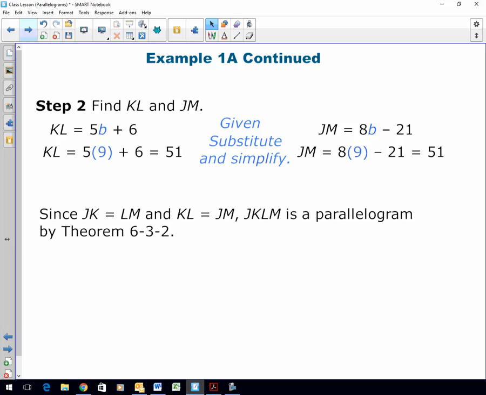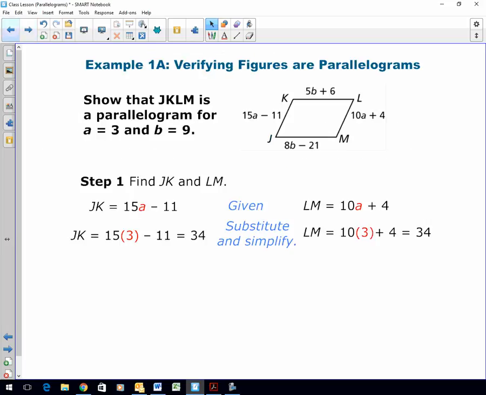Yes, sir. Great question. If I had said substitute 8 in for B, and it's not congruent, it is a quadrilateral, but it's not a parallelogram. Or at least, since I don't have coordinate points, I don't know the slope, so I can't prove that the one congruent side is parallel to the other.